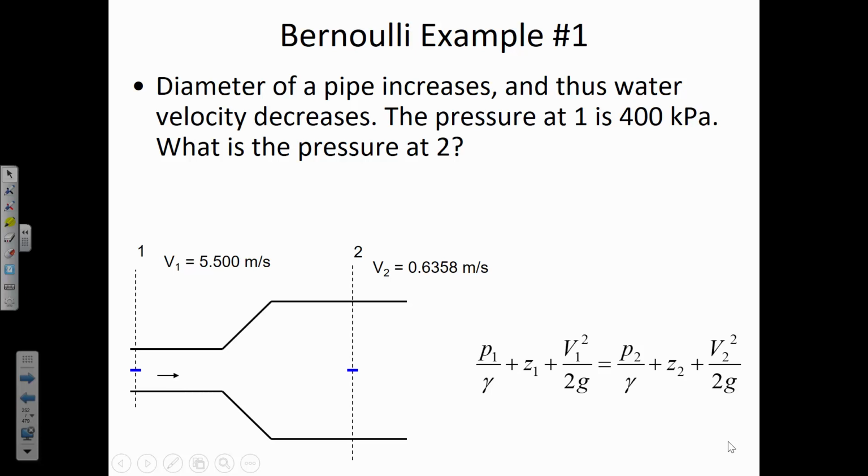So there's not going to be too much pipe friction between them. If they were really far apart, then there would be a pressure change due to the Bernoulli effect, and then also pressure change due to head loss, due to pipe friction. But here, they're close together, so we're neglecting the effects of energy loss due to pipe friction. So just use Bernoulli's equation to find out what is P2.